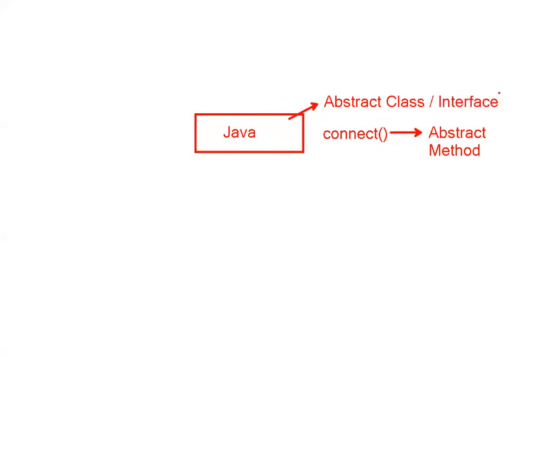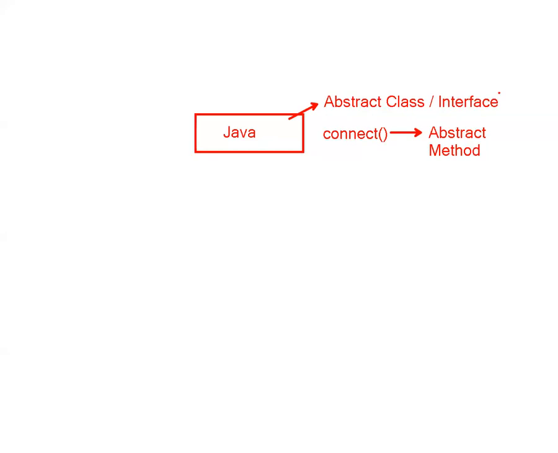Now, you observe. Java is one class name. Assume that is either abstract class or interface. If you want to write abstract method, compulsory either abstract class or interface required. Without abstract class or interface, you cannot write abstract method.